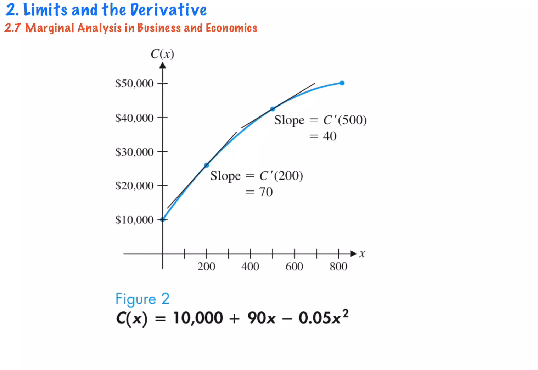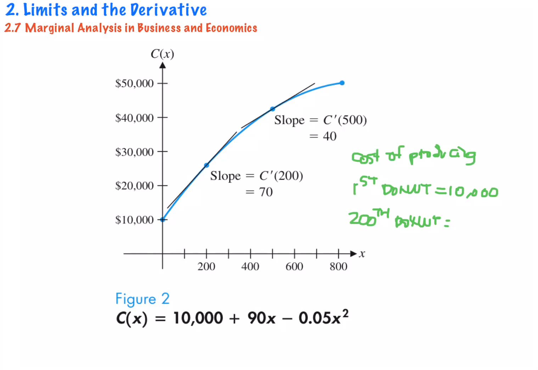Let's say, just as a function, the first donut costs 10,000. Quite expensive for one donut, but this is just so we get the picture.